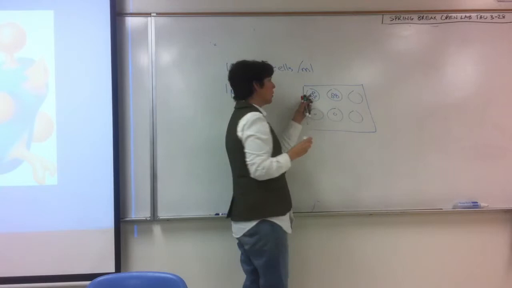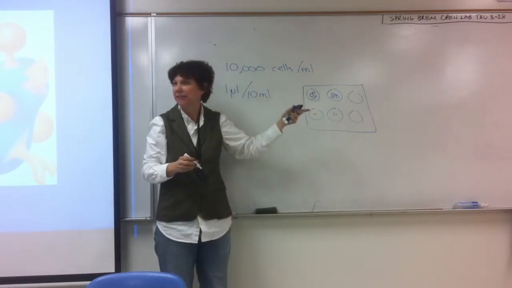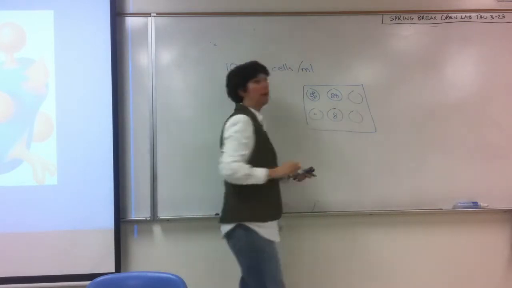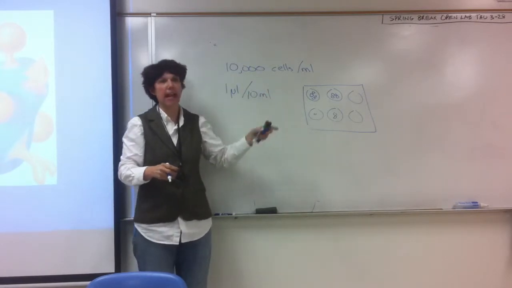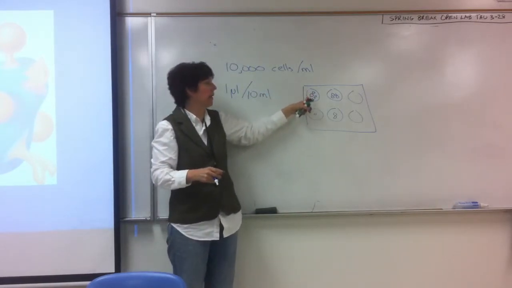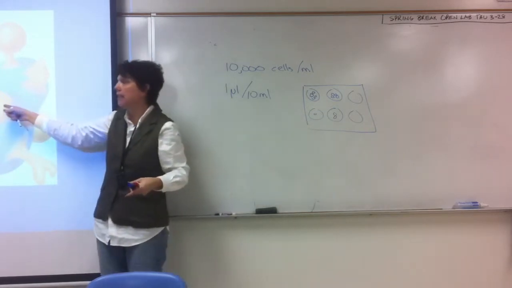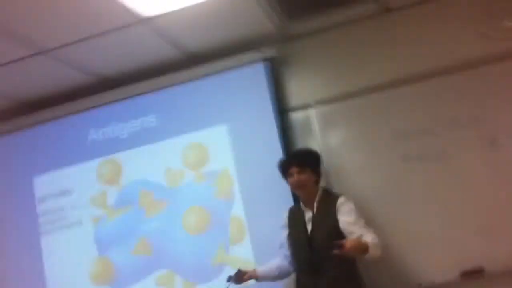So whatever antibody they're making would be the same antibody. You might get some wells that have 2, you might get some wells that don't have any. But then you would run tests on these, and all of these lymphocytes would be making the same antibody. In other words, they would all be recognizing the same epitope. And that's a monoclonal antibody.